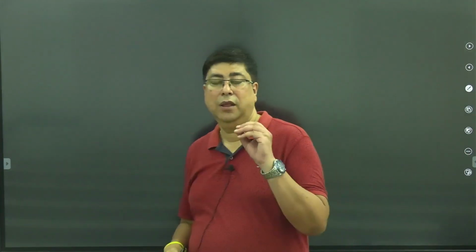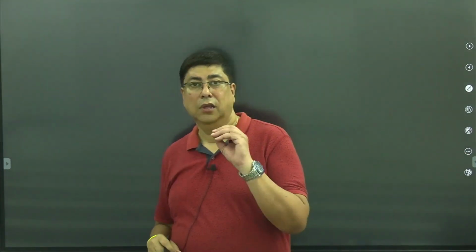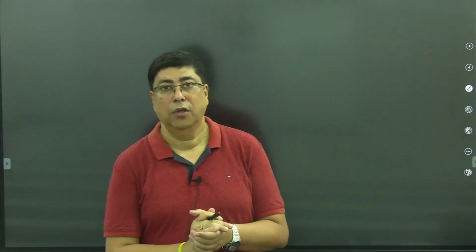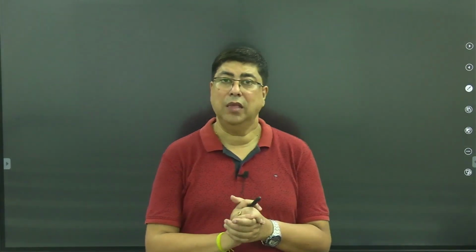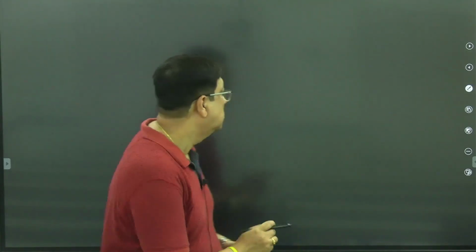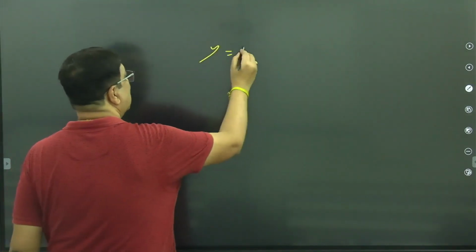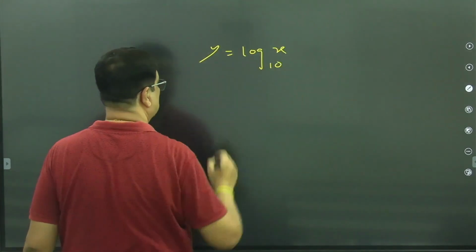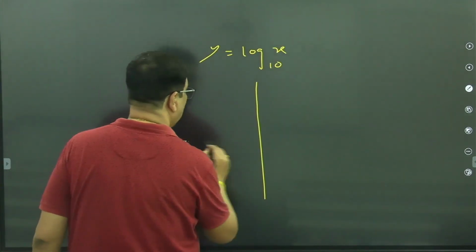Now question is that we have discussed basic log so much time and you must practice, and it is a graph of the log. What is the graph of y equal to log x? ठीक है? So y equal to, हम कोई बेस ले लेते हैं, y equal to log x base 10 suppose. क्या होगा इसका ग्राफ?